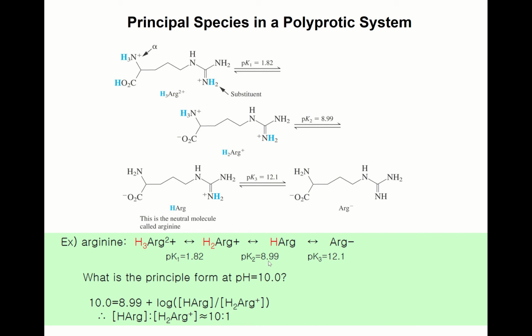This 8.99, than 12.1 or 1.82. So in this case, monoprotonated arginine is the major species.